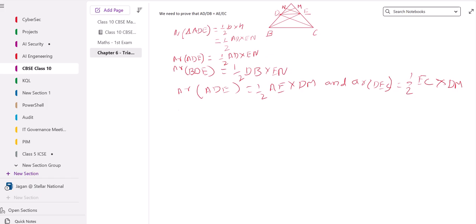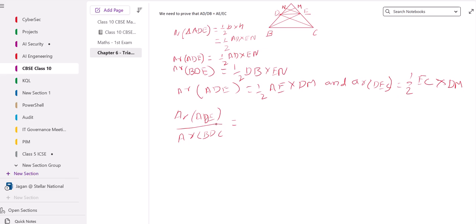So area of ADE divided by area of BDE. This we are doing. So we need to prove the ratio of these triangles are same.